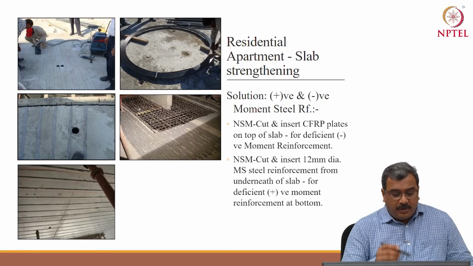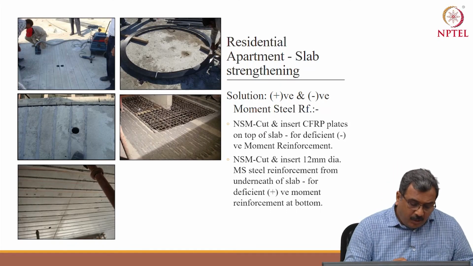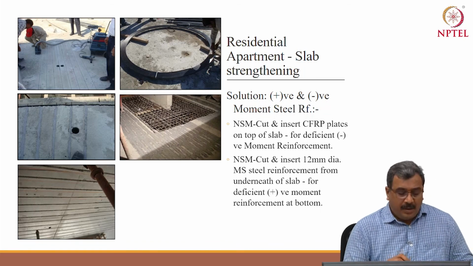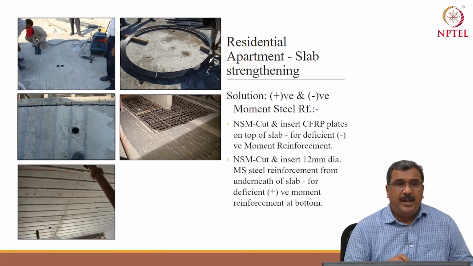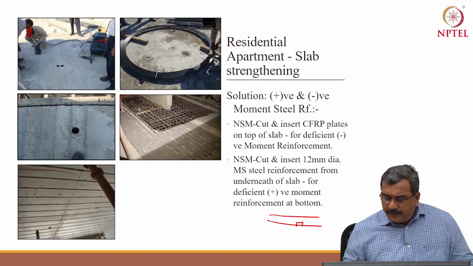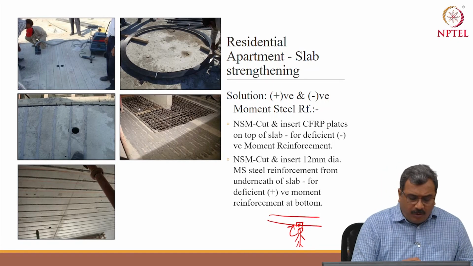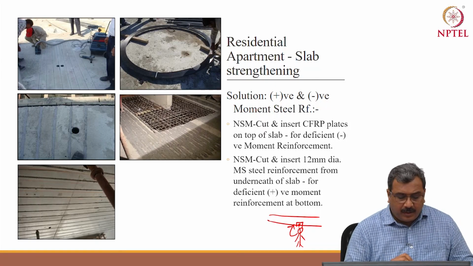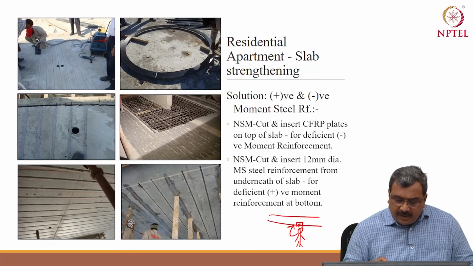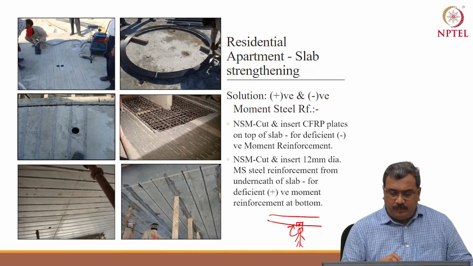From the bottom in positive moment deficient area, a groove of 1.5 times the rebar dia, a 12 mm rebar has been inserted into the slab from bottom. The whole slot has been made and the steel has been inserted by using a special adhesive.